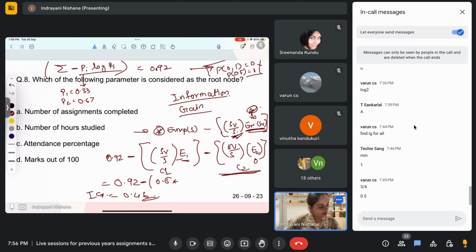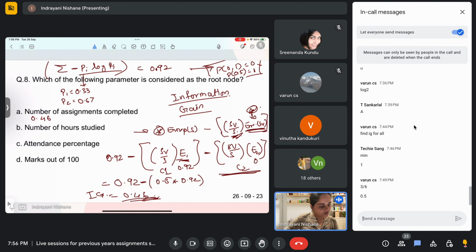So this entropy E1 becomes 0.92. If you do 0.92 times 0.5, it comes out to be 0.46. That is how we get 0.46.